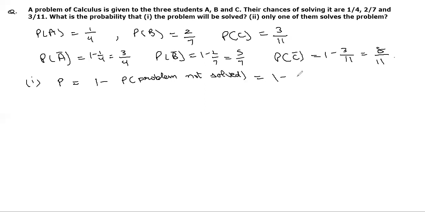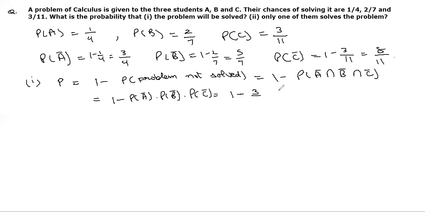So it is 1 minus P of A bar and not B and not C, which is 1 minus P of not A into P of not B into P of not C. So it's going to be 1 minus 3 by 4 into 5 by 7 into 8 by 11. This answer comes out to be 1 minus 30 over 77, or 47 over 77.